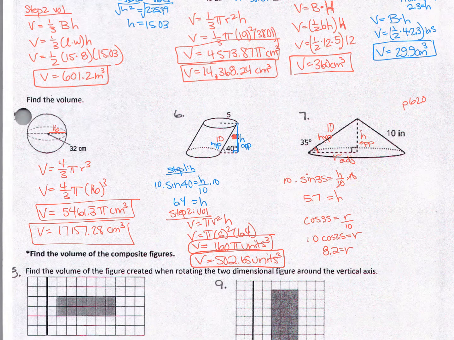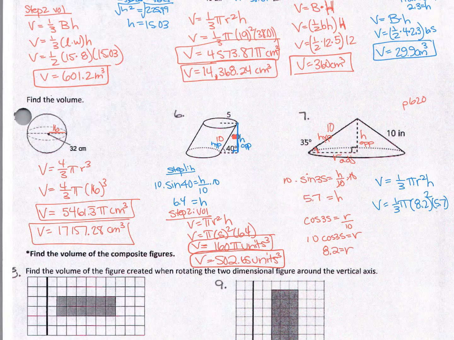So now I've got both the height of my cone and the radius of my cone. I can calculate the volume of my cone. So looking at my formula sheet, the volume of my cone is 1/3 pi r squared h. So I'm going to get 1/3 times pi times my radius of 8.2 squared, I apologize, times my height of 5.7.